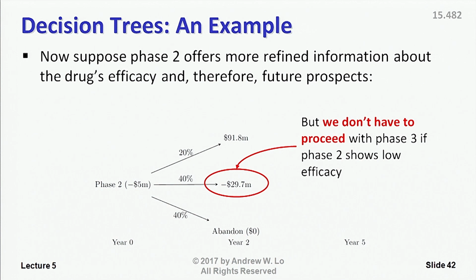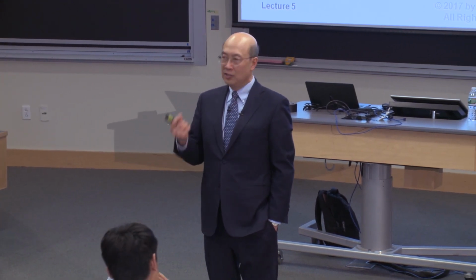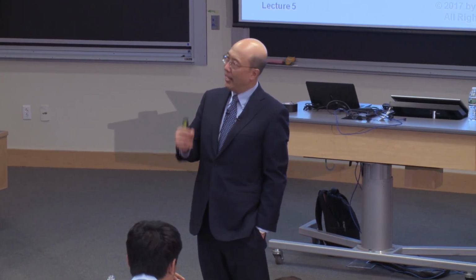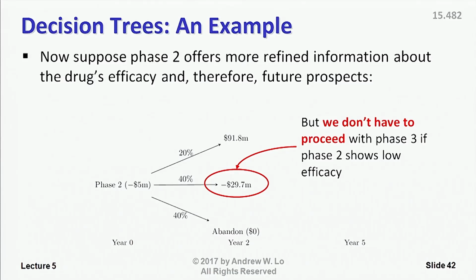And this outcome is when you have a so-so phase 2. Now the NPV of a phase 3 is negative $29.7 million. So don't do it. Don't do the phase 3 trial in the case where you don't get strong evidence from phase 2. This is an example of how real options can add value.